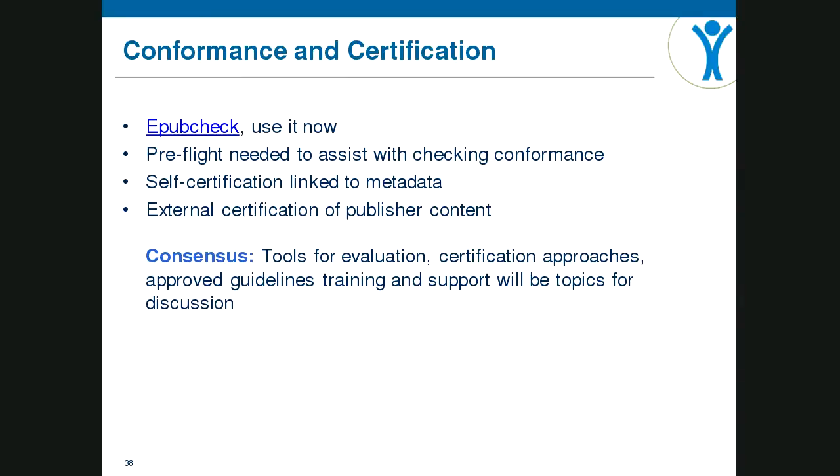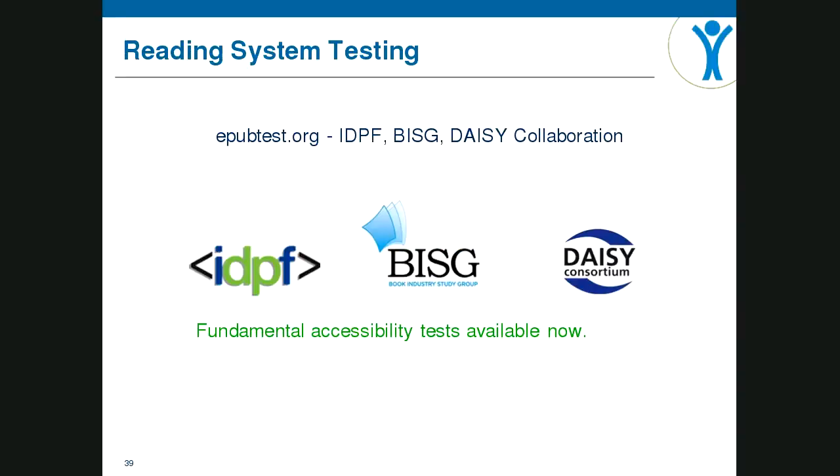Slide 39 highlights epubtest.org, and you could go there now and look at the various reading systems that we're testing. There's probably 75 different EPUB reading systems there being tested. Vital Source has one on every platform.